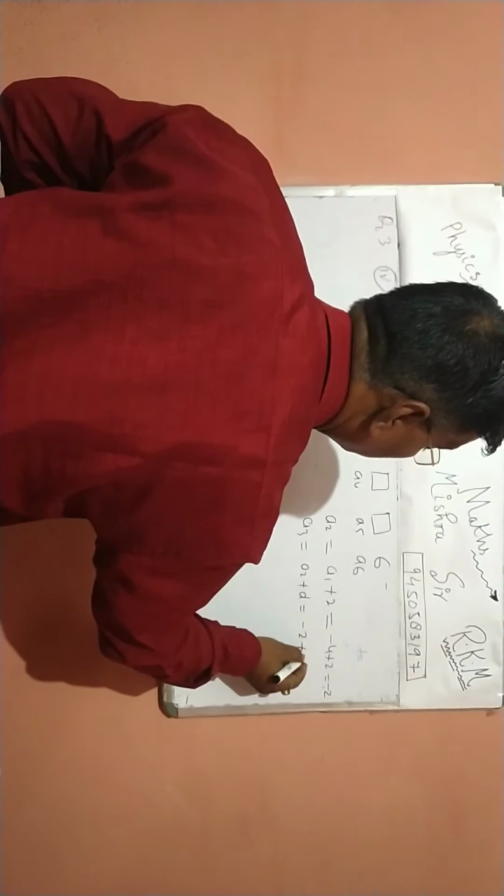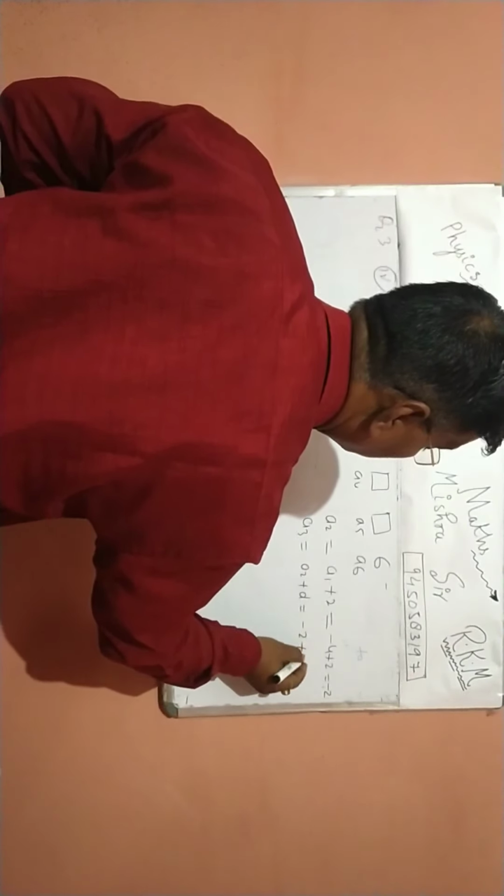A5 is A4 plus D, 2 plus 2, that is 4. So the missing terms you can find. Look here, the missing terms are A2 = -2, A3 = 0, A4 = 2, A5 = 4. So you can write -2, 0, 2 and 4.